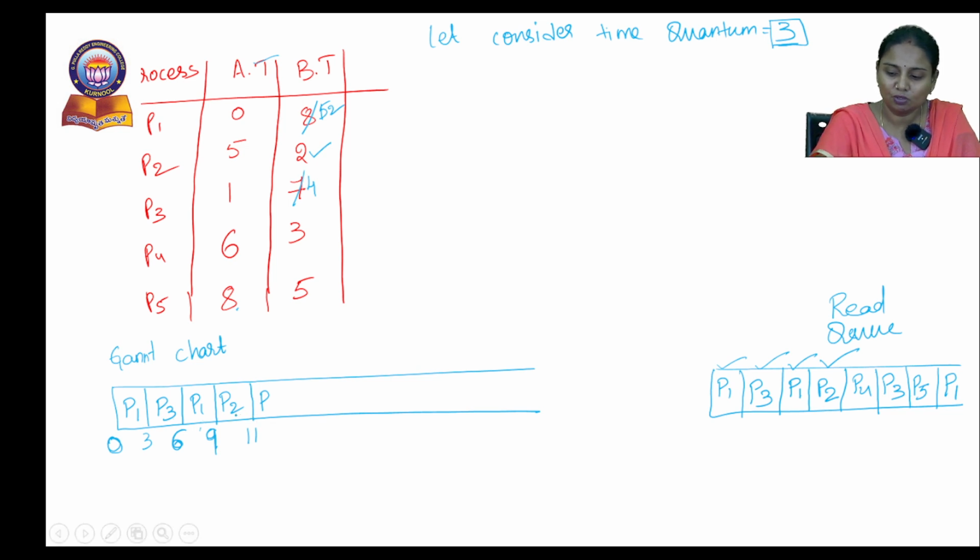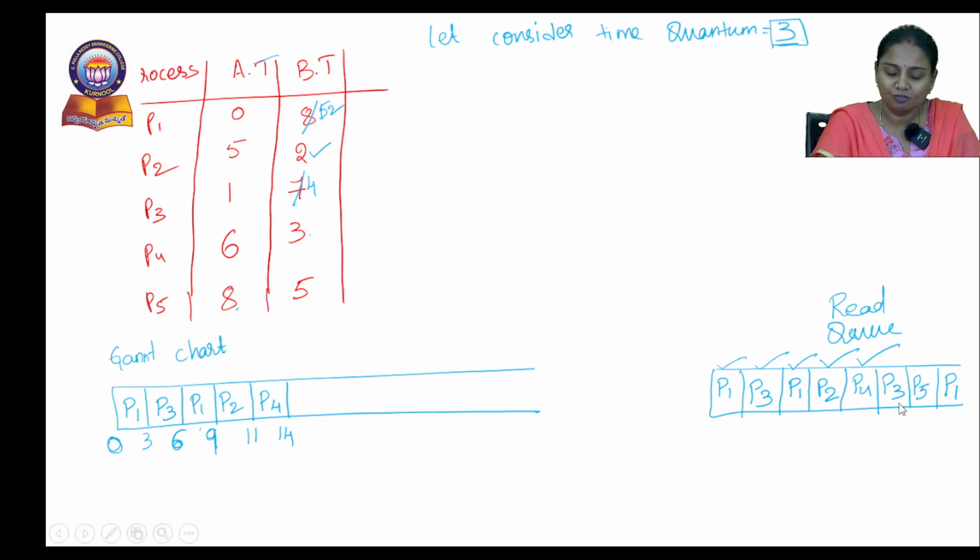After P2, P4 is available in the ready queue, so P4 will utilize the CPU, and P4 has 3, and as the quantum time is also 3, it uses the complete 3. 11 plus 3 will become 14. So now P4 will also be completely terminated and will not be available again in the ready queue.